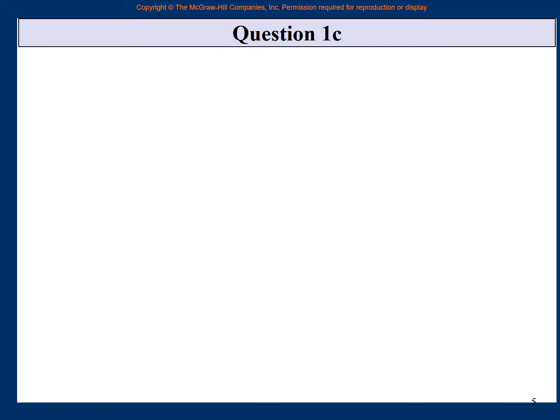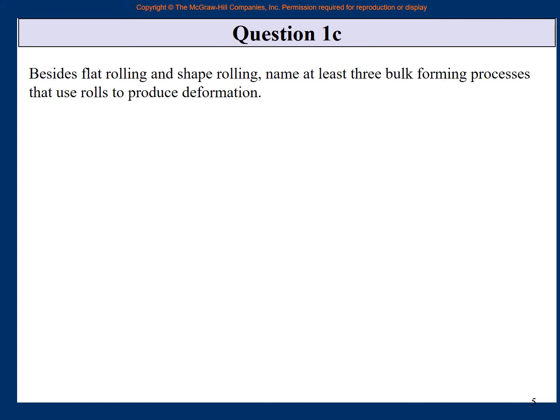Let's move to the other question, 1C, which I'm calling it. Besides flat rolling and shape rolling, name at least 3 bulk forming processes that use rolls to produce deformation. So it is a very simple one. You know, rolling, flat rolling, rolling without any shape, shape rolling, rolling with some dies and shapes.